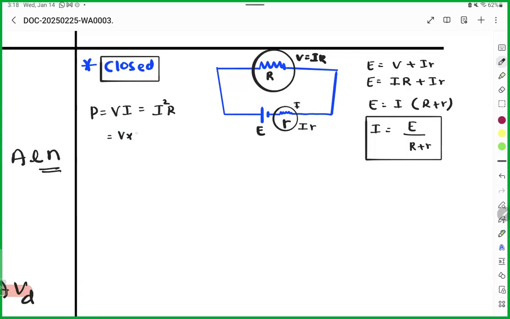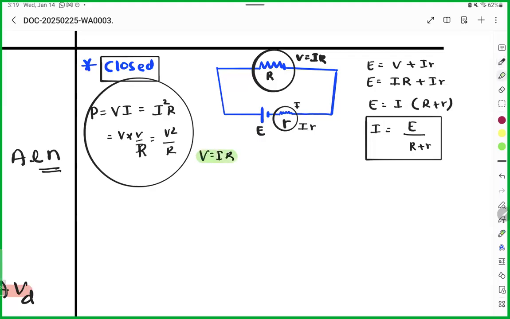I value will be equal to V by R. V square by R. So it depends what is asked. Based on that, you can do. Same thing, you have to apply one formula. V is equal to IR. And by using this, you can find anything. Just focus on one. Remaining you can calculate.